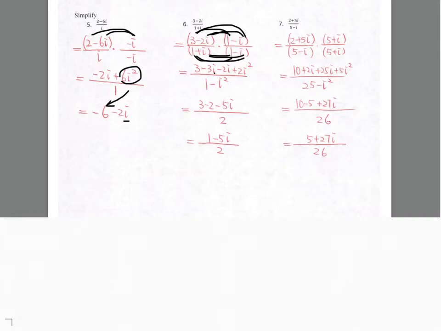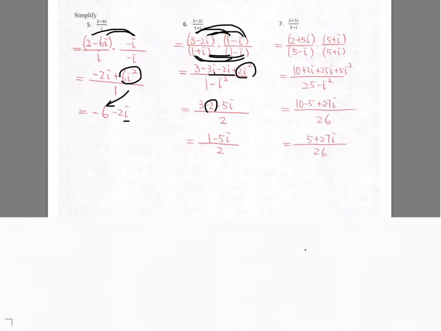Where did I get the minus 2 from? Minus 2 is from 2 times negative 1, since i squared equals negative 1. So 3 minus 2. Then combine the like terms, the imaginary part: negative 3i minus 2i, which is negative 5i. 3 minus 2, I have 1. So 1 minus 5i, the whole thing divided by 2. That's the simplest form.